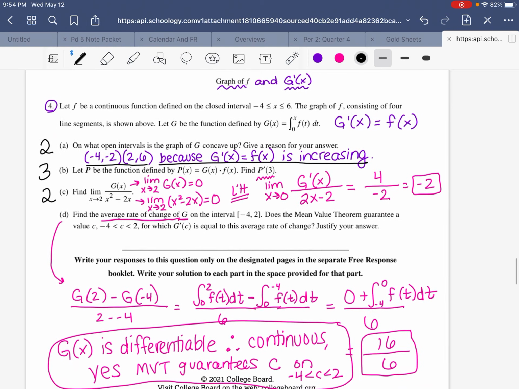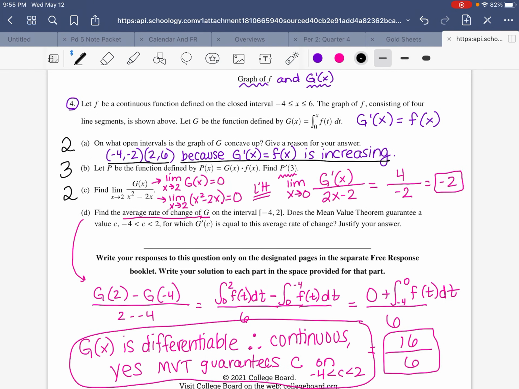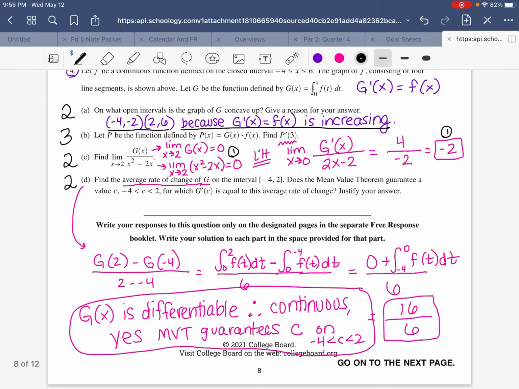I would guess that part C was worth 2 points. 1 point for explicitly stating that each of these limits is 0, and 1 point for coming up with your answer. And then part D, I would guess, would be worth 2 points. 1 point would be for finding your average rate of change, and 1 point would be for stating that the mean value theorem would work.